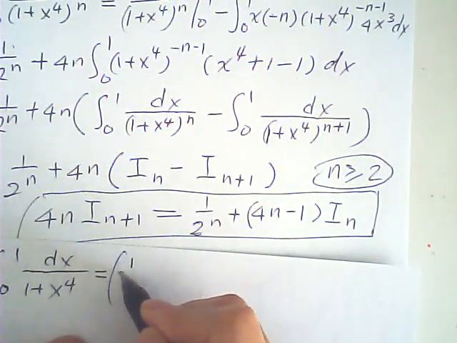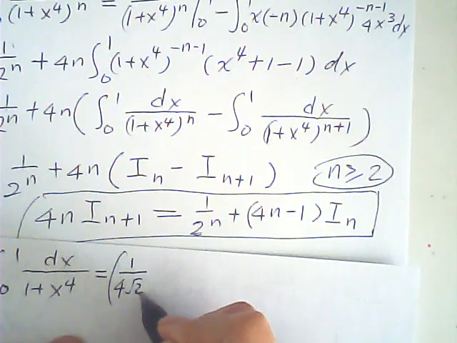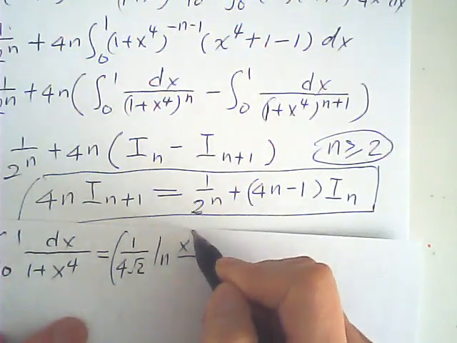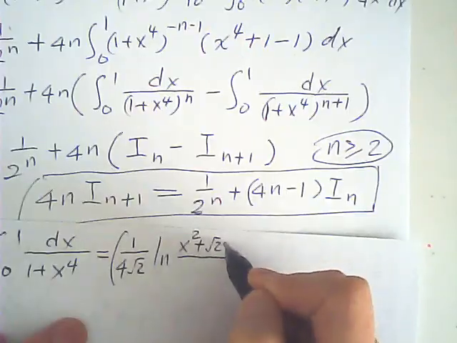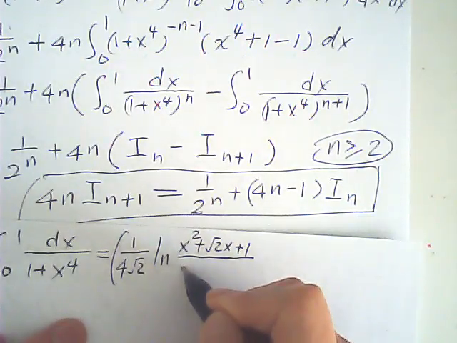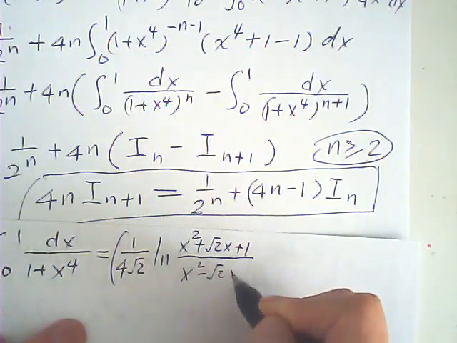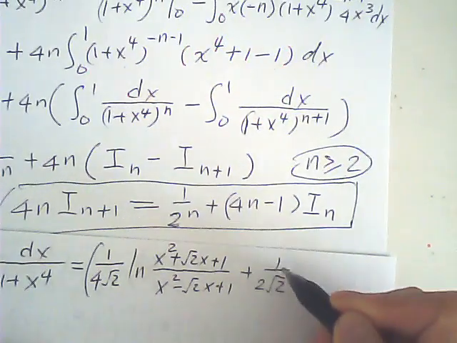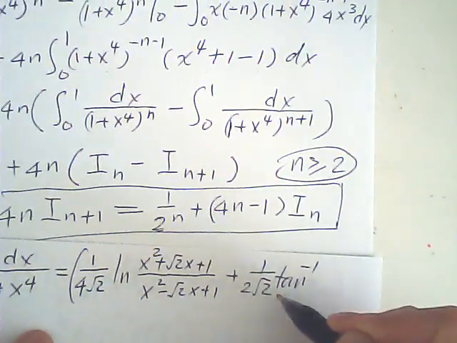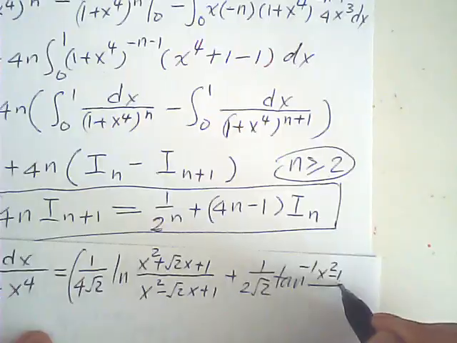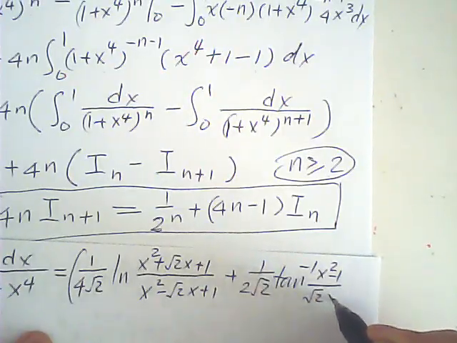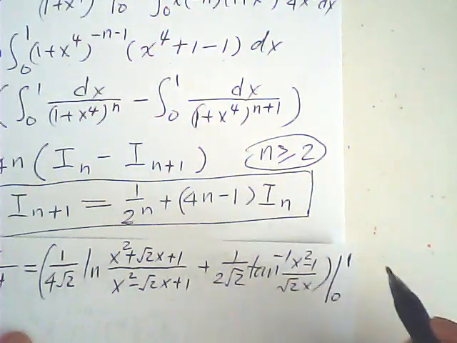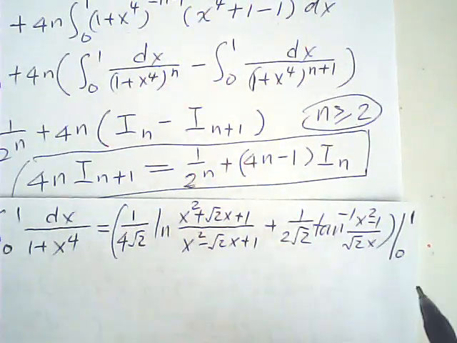This result is 1 over 4 root 2 natural log of (x squared plus 1 x squared minus root 2x plus 1 plus x squared minus root 2x), then from 0 to 1, okay?